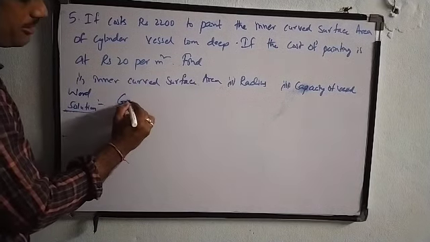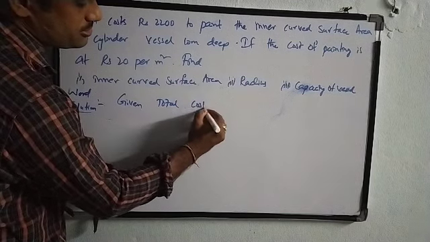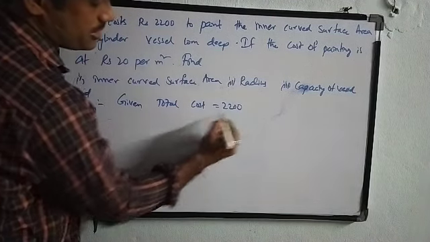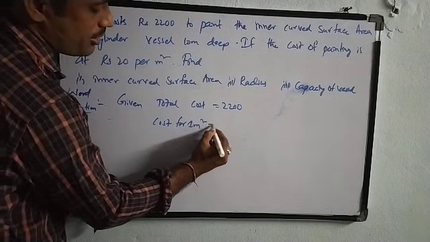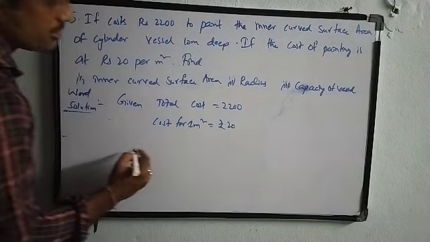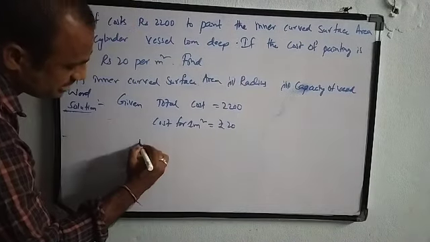So given total cost is 2200, cost for 1 meter square it is rupees 20. So he is clearly mentioning the inner curved surface area.